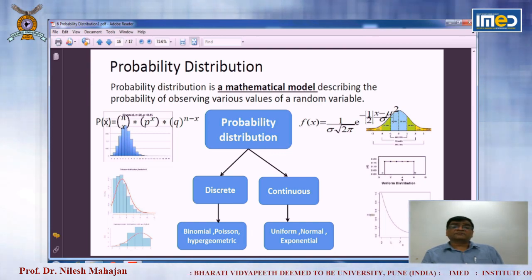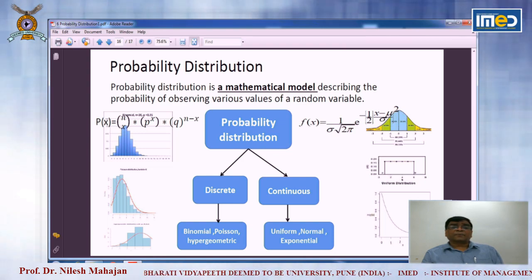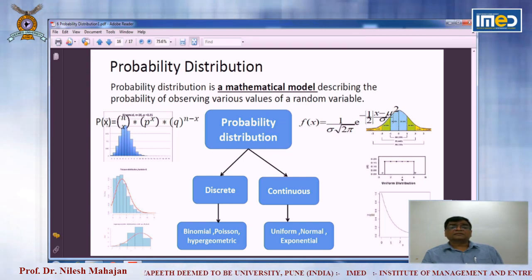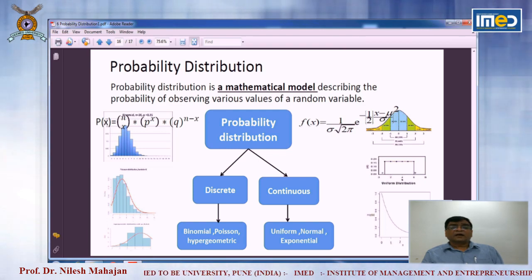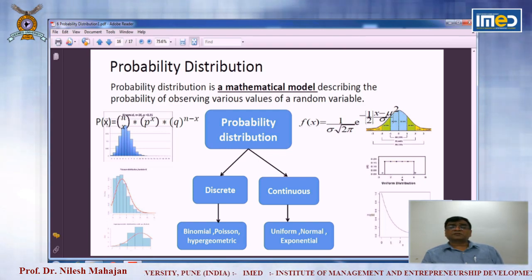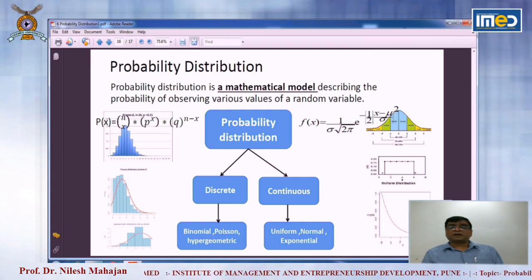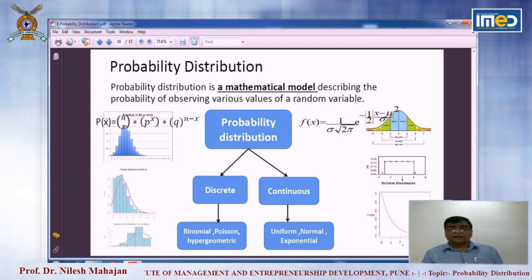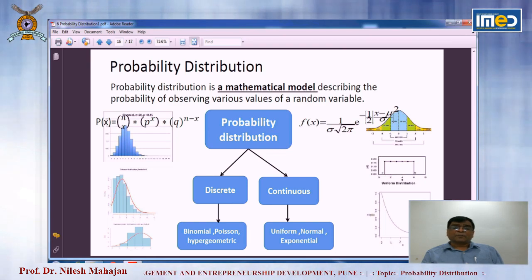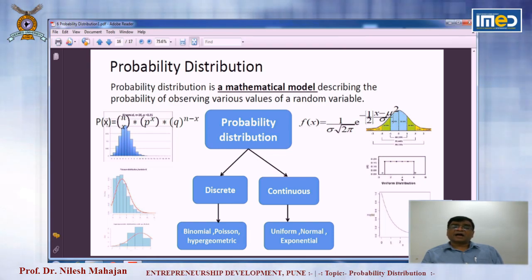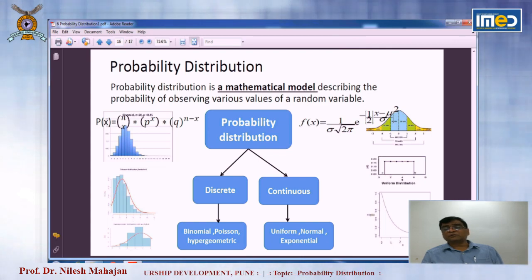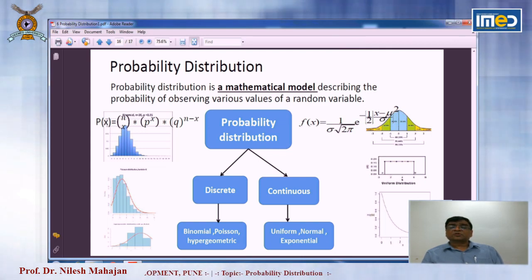According to the diagram, it is very clear: the upper red line shows the mode and median, and the probability distribution is divided first into discrete and second into continuous. Again, discrete is divided into binomial, Poisson and hypergeometric, and continuous is divided into uniform, normal and exponential.